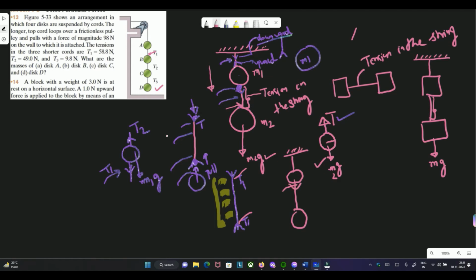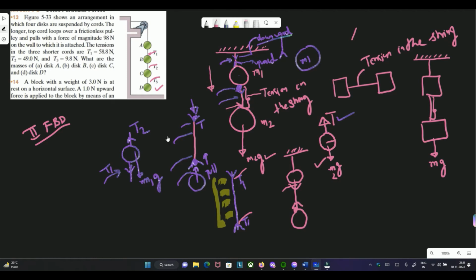This end is acting, pulling it down, and this end is acting too, but at all other points on the string there is no tension. There is a tension equal and opposite that gets cancelled, and the only tension which remains is at the edges of the string. That is why when you do these questions, you always draw the tension at the edges of the string.